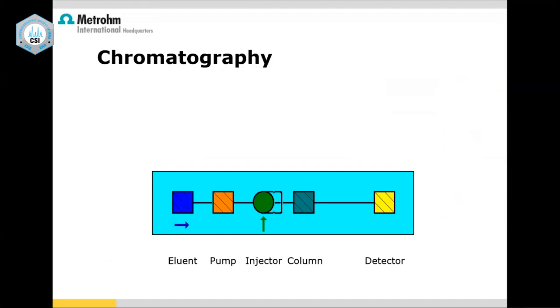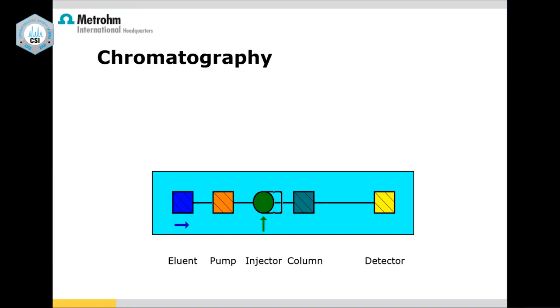Coming to the instrumentation, you can see that the instrumentation remains the same as any other liquid chromatography. Eluent is constantly pumped through the entire system by the pump. It is again a dual piston pump. The only big difference is that here we don't have any stainless steel pumps; the flow path is not stainless steel.